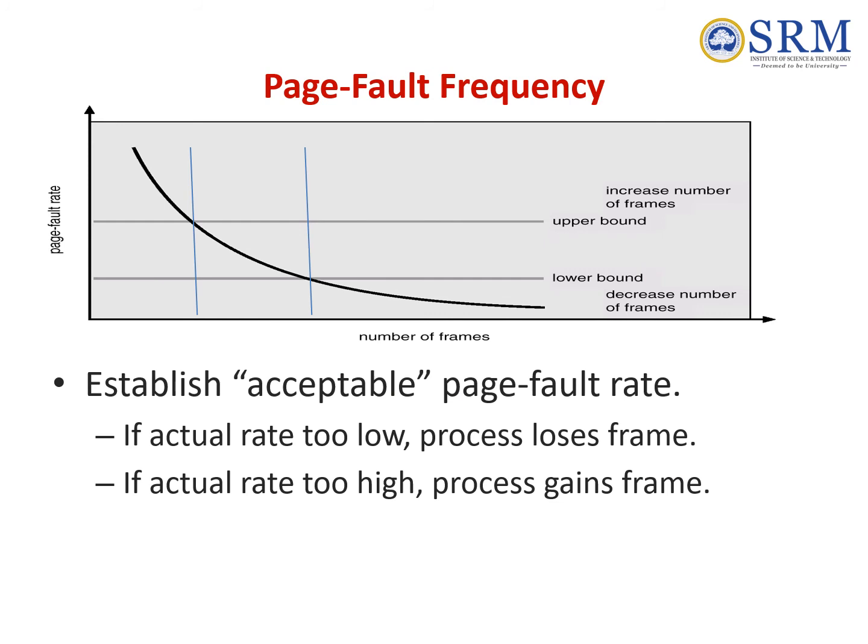The second model is the page fault frequency. The page fault frequency is going to identify the fault rate. We are already aware that as the number of frames increases, the page fault rate is going to reduce, right?